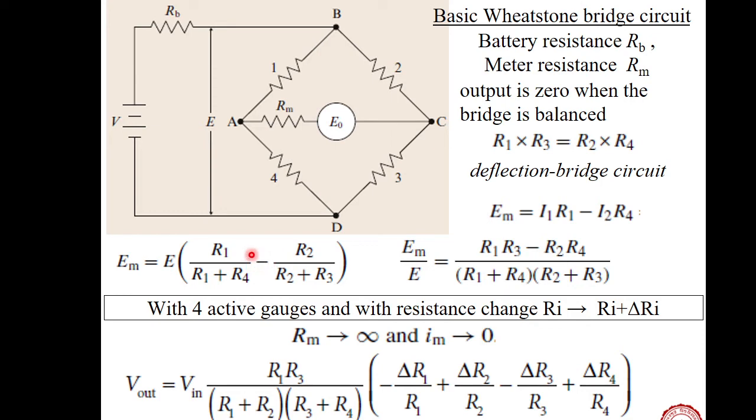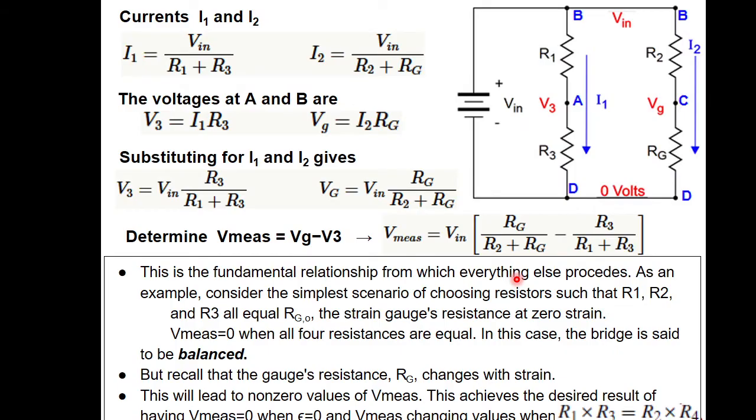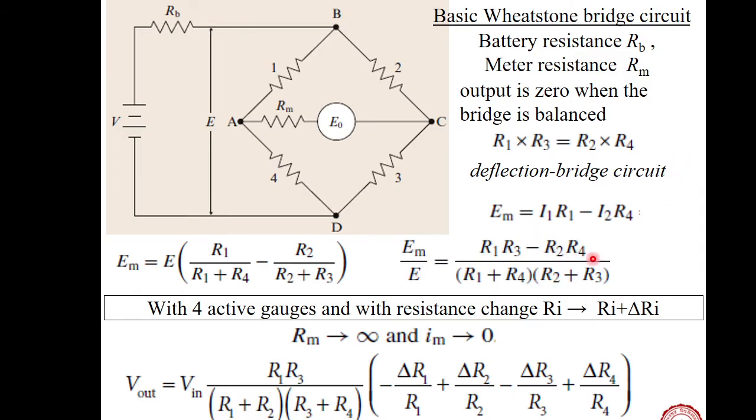So this is what we are getting, right? And then you see what will happen now. Here this R4 we considered previously, we had a single strain gauge only, right? So there was a change in this particular resistance value. If we consider 4 strain gauges in the circuit, everywhere there would be a change in resistance.